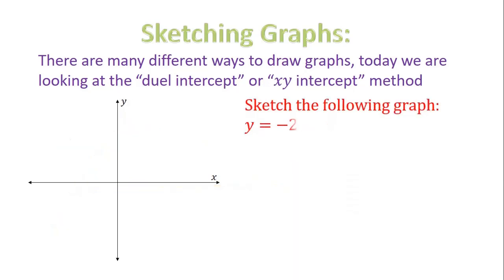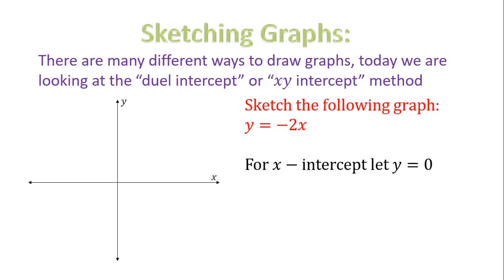Our next example, y equals -2x. Now this, as you'll see, presents a small problem for our dual intercept method, but there's a way around it. So let's work on our x and our y intercepts. Hopefully you're starting to get the feel of it.